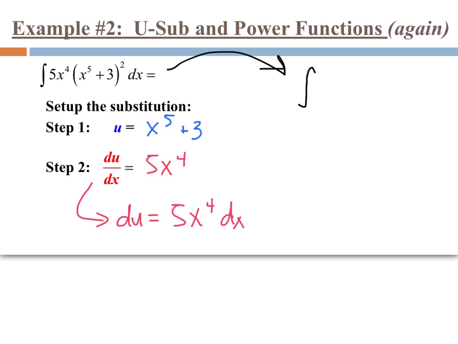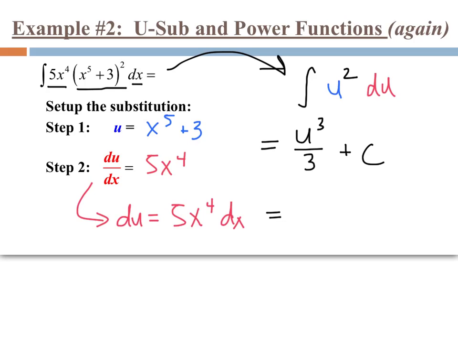So now let's take this old integral and turn it into a much easier one. First of all, we don't need x to the 5th plus 3 squared. We need u squared. So already that part of our integral looks much easier. Now I'm going to take my 5x to the 4th and my dx, and I'm going to replace that with du. So look at how much easier this new integral looks, and in order to evaluate it, we can use the power rule, u cubed over 3 plus c.